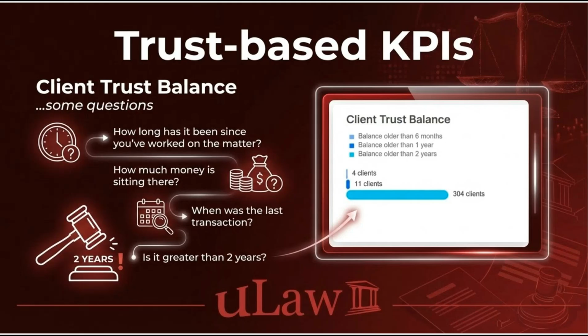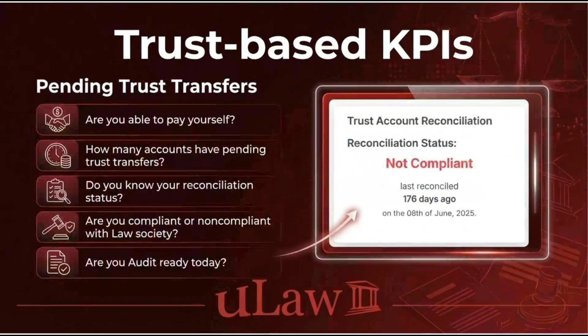So if it is greater than 6 months, that's when it starts catching the attention of the Law Society. Such a file is actually considered non-compliant. So people may still reconcile their books and yet be considered non-compliant when they don't complete these items. Some of them include pending trust transfers.